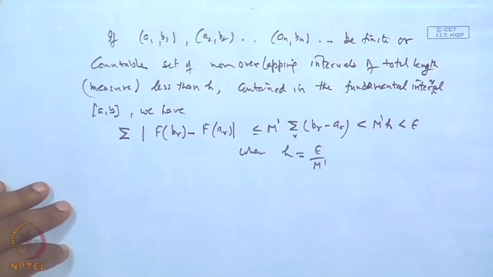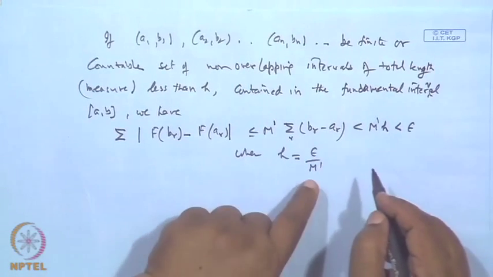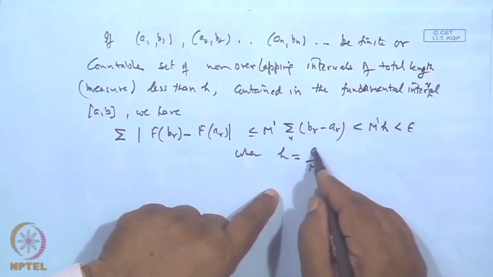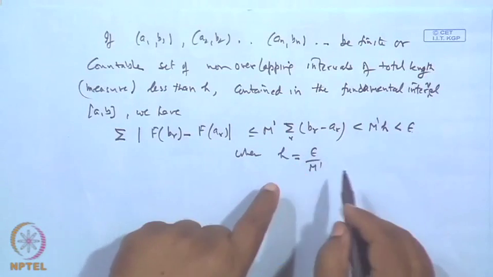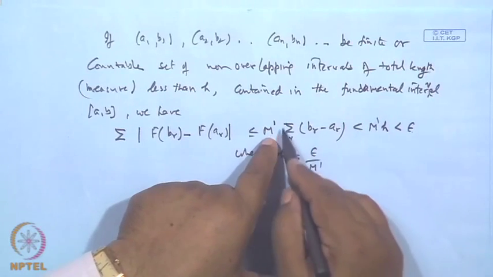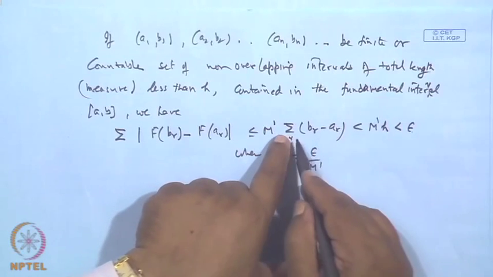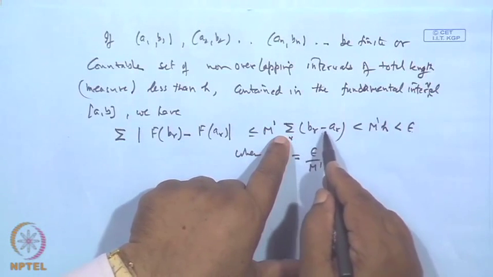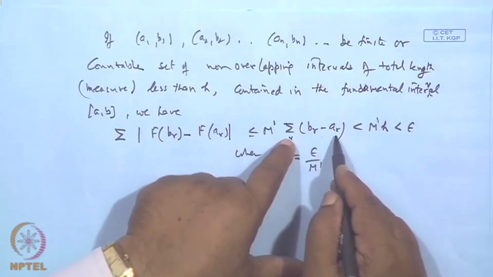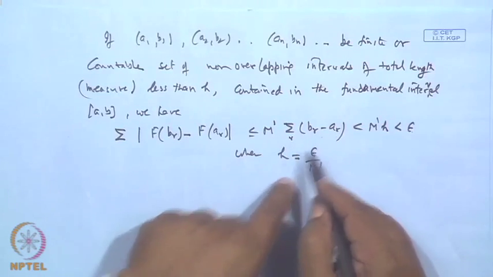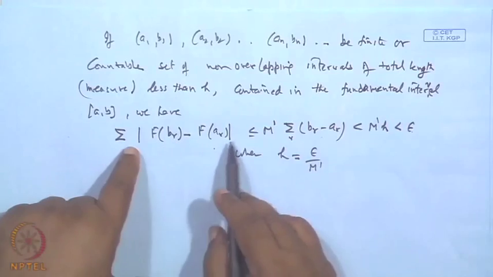So, what we say here is that for a given epsilon greater than 0, we can find an h such that whenever the sum of the lengths of these finite or countable intervals is less than h, then this entire sum is less than epsilon.